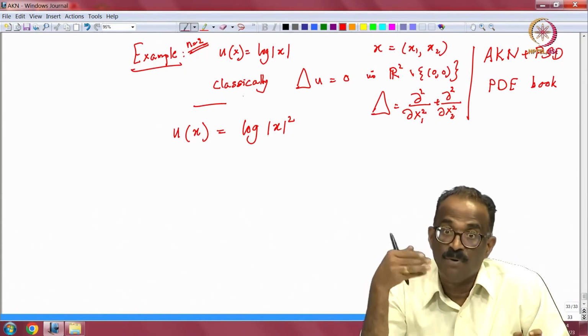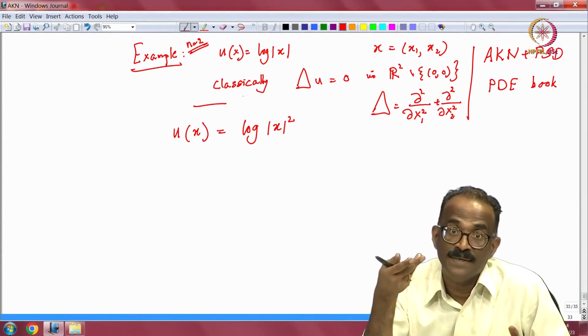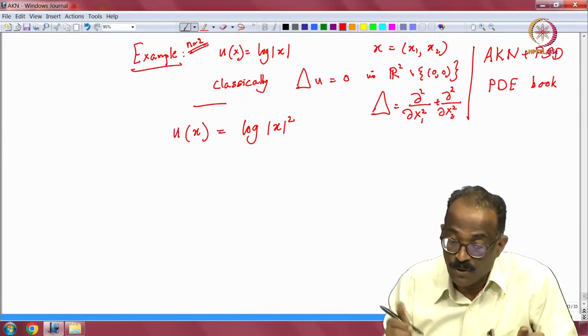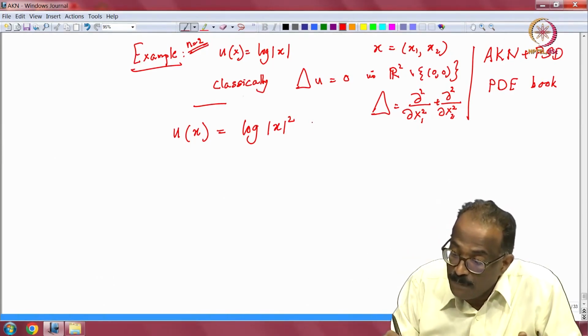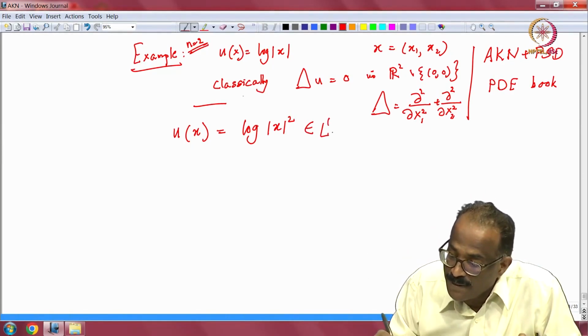So you already have a solution except at one point. This is a locally integrable function in R2.